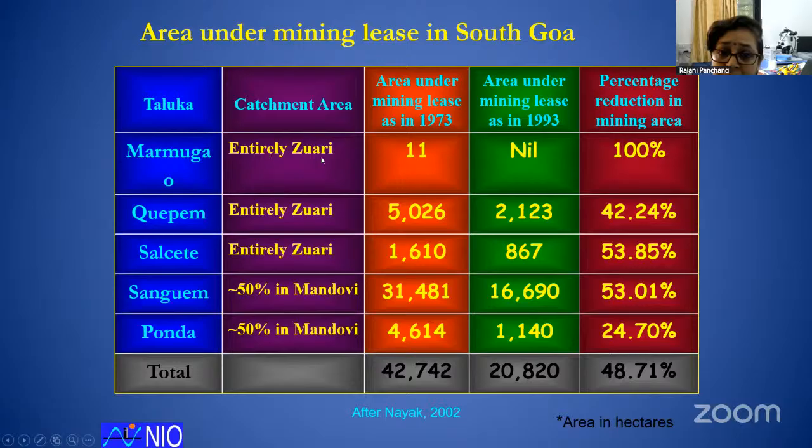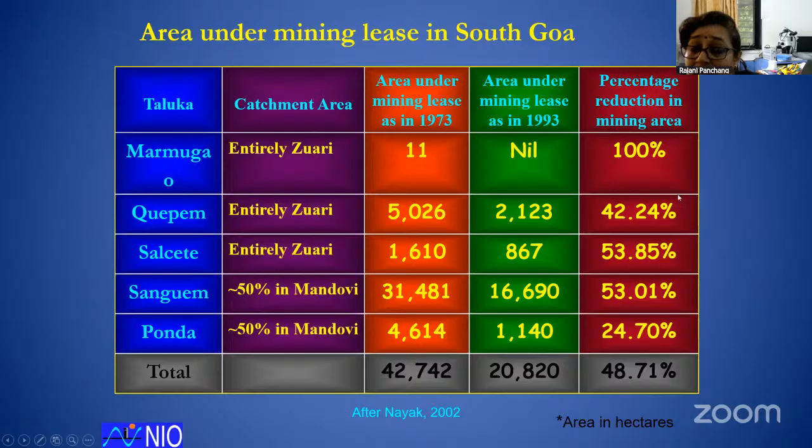I started looking at the catchment, where a river flows and all the water comes. In the catchment of Zuari and Mandavi, you can see that the area under mining lease had completely reduced. In Zuari, there are three talukas. Here, the mining percentage had reduced with time.